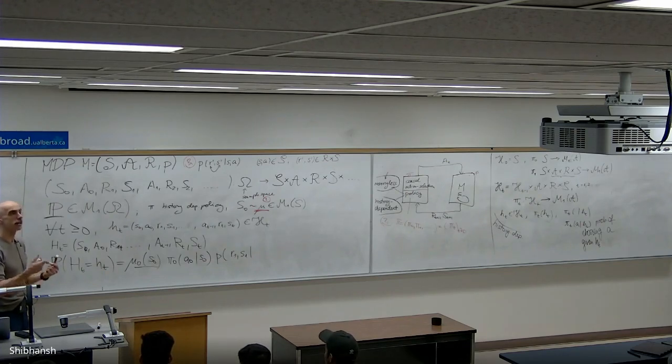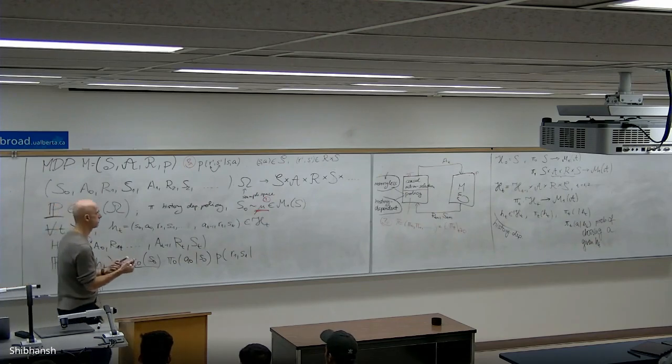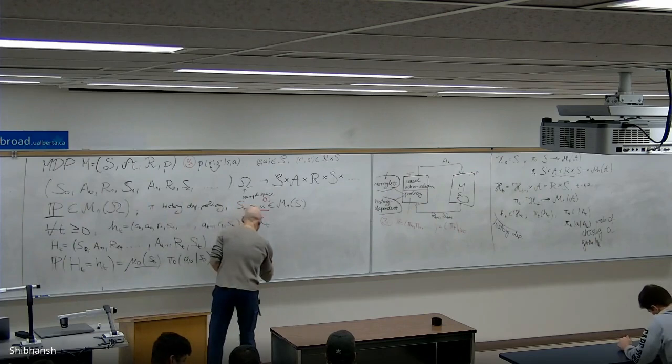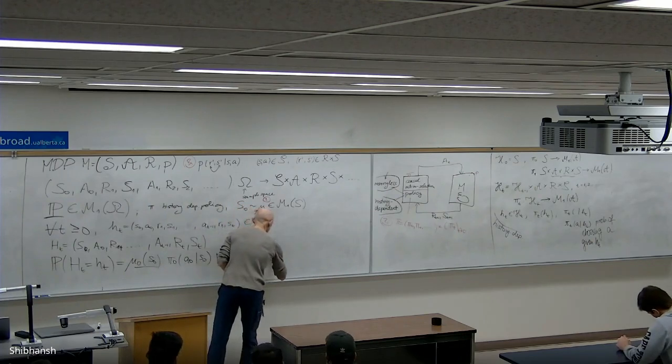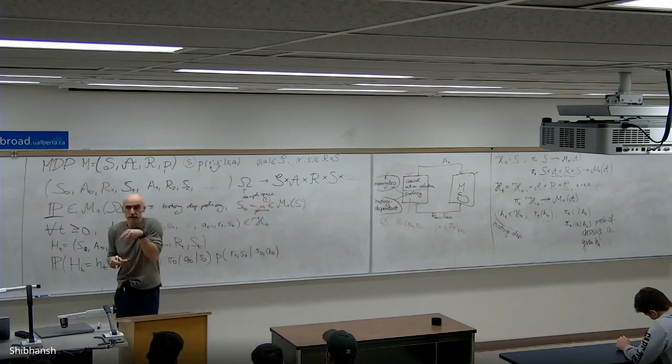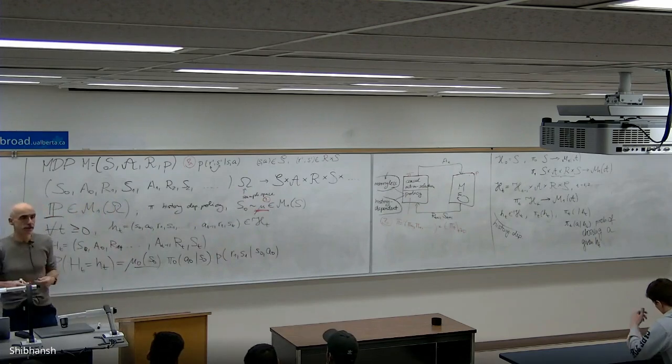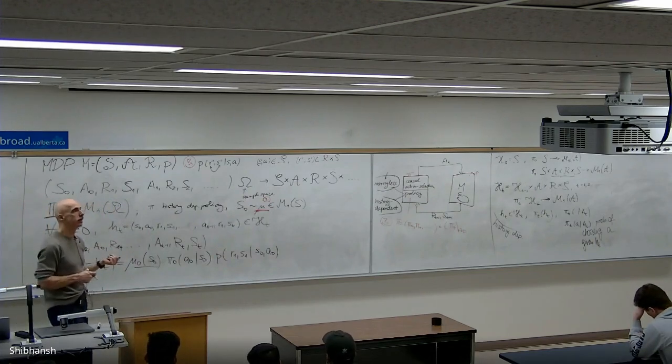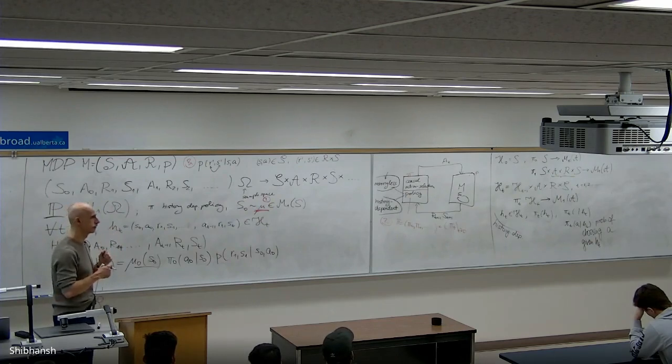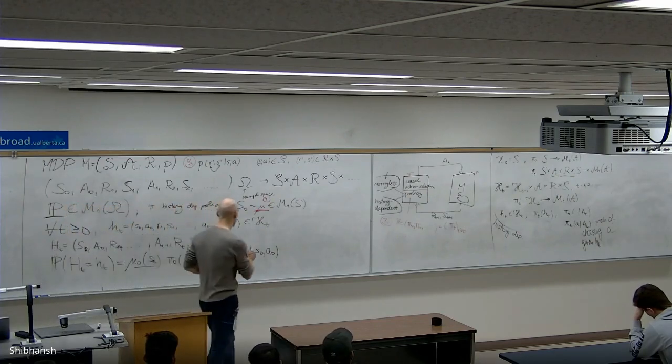Okay, I'm hearing given S naught, A naught, and that's correct, right? So the world is reacting to what its previous state was and what was the incoming action, and it's spinning out a reward and a next state. And continue this way.